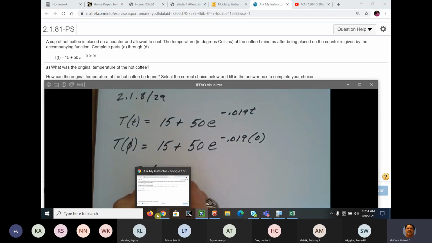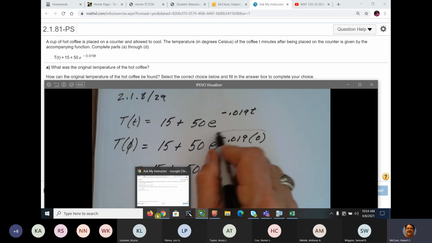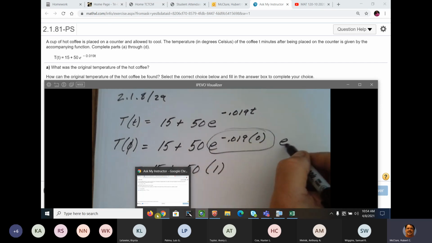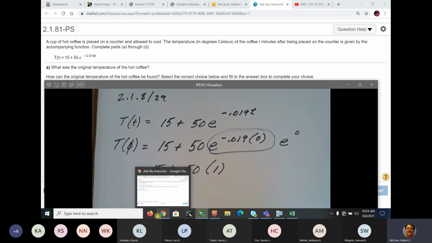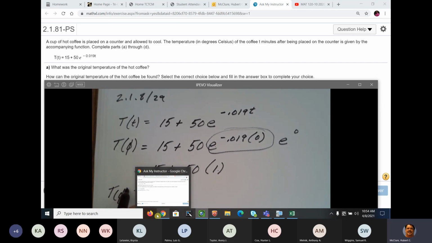And that would be 15 plus 50 times 1, because e to the 0 is 1. And that would be 65. Now, I don't think that's possible because you are not going to get something that's 65 that's warm.